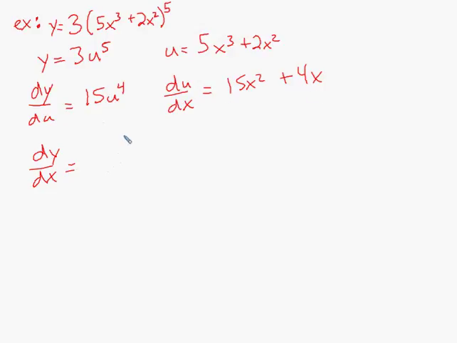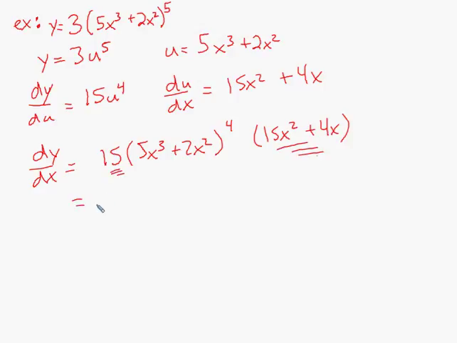And then dy/dx equals, I multiply these two. So 15, and I replace u with what it is. I'm not going to expand this out, but I think it's reasonable to take this 15 and multiply it by this to make things a little bit simpler.